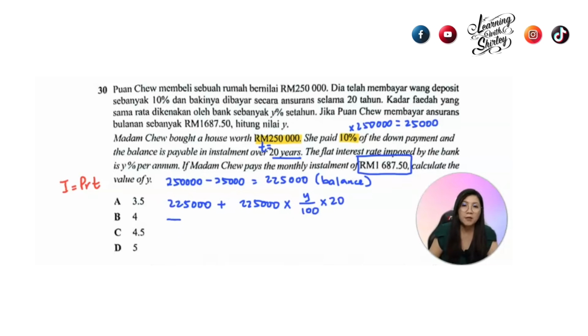And then divided by 20 years times 12, because you want to know monthly. 1 year is 12 months, so you got total months at the bottom. So equals to 1687.50. You can put a bracket here, then you just calculate. After that, you will get your y equals to 4. So that's your answer. A, B, C, D, the answer is B.